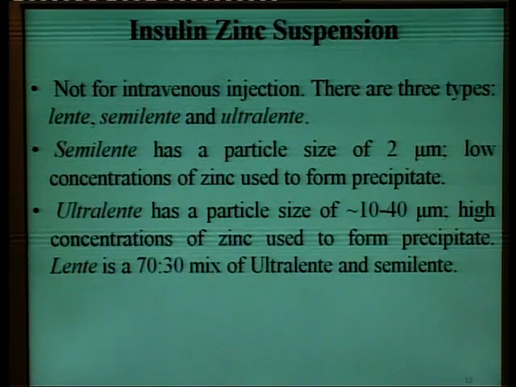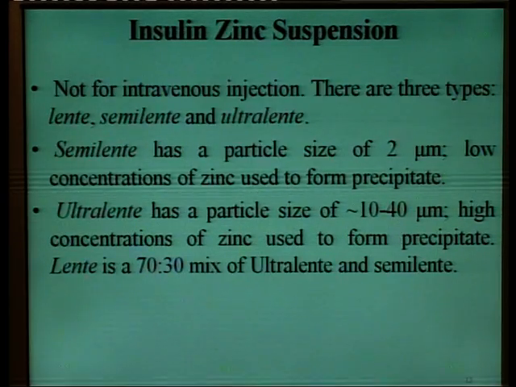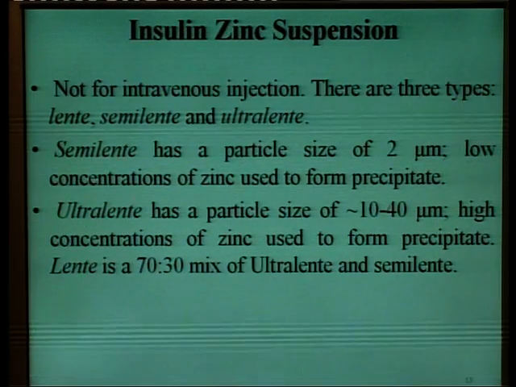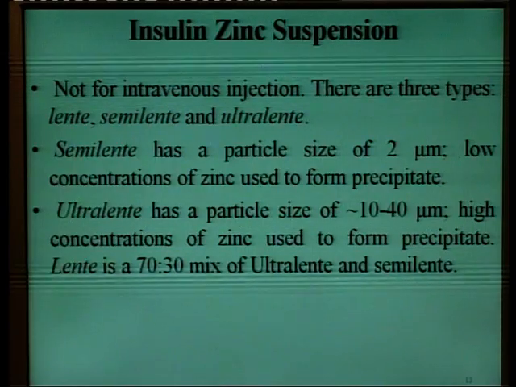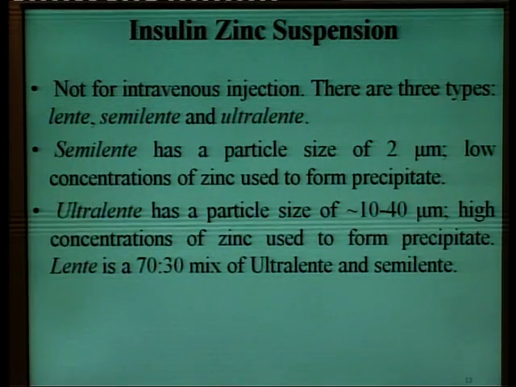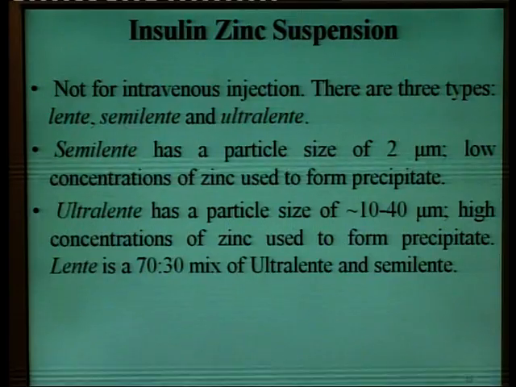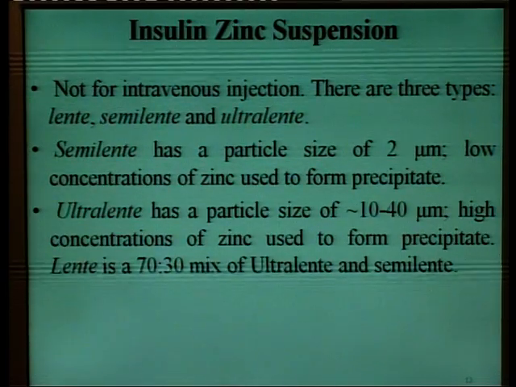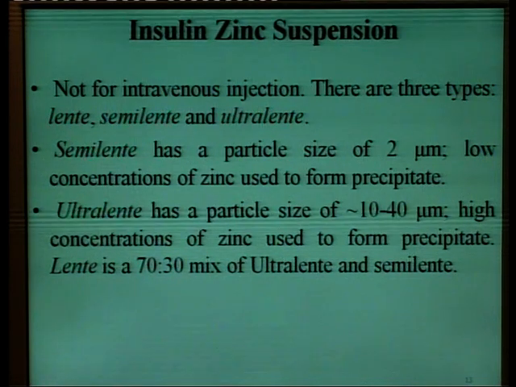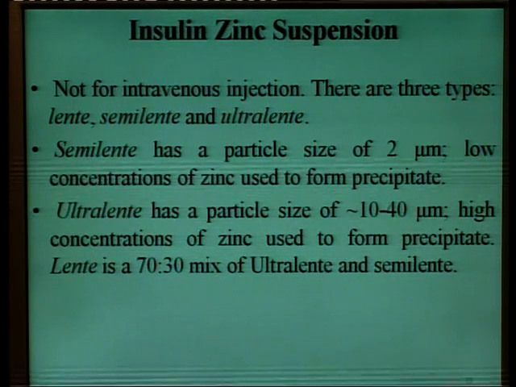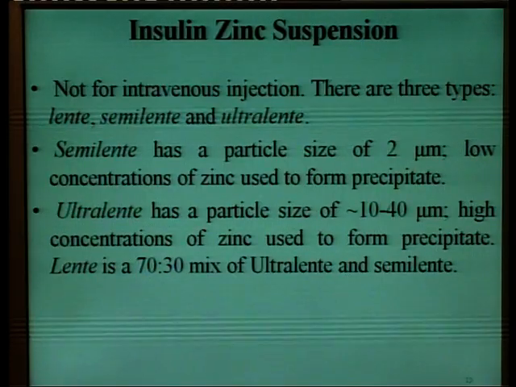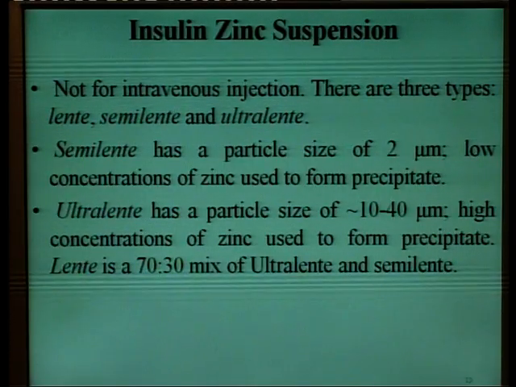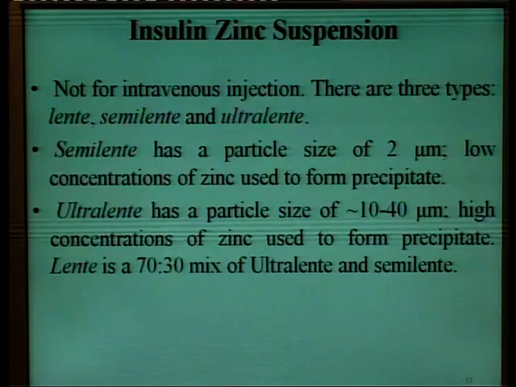Low concentrations of zinc are used to form the precipitates. Ultralente has a particle size of around 10 to 40 micrometer. So, high concentrations of zinc are used to form the precipitate, and in lente we have the combination, a ratio of 70 to 30% mix is done to give both the ultra and the semi.